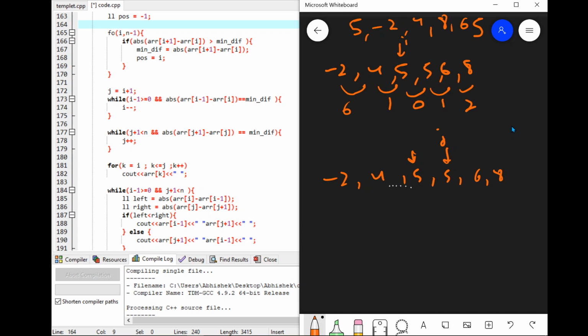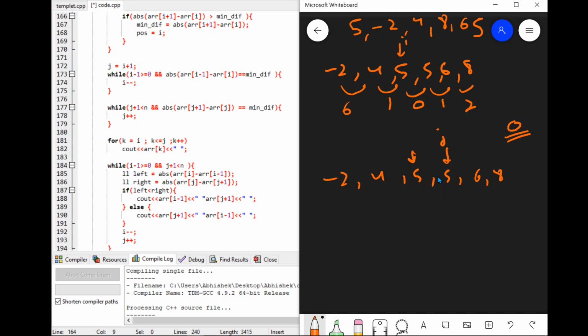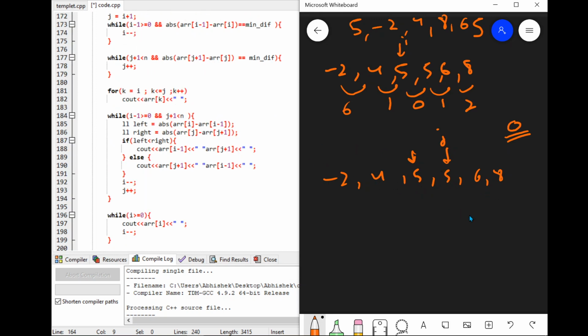So while i minus 1 is greater than equal to 0, and absolute difference between this minus this, absolute min difference is 0 over here. So absolute difference will become 1 and we would go back. But this won't happen here, I'm sure.